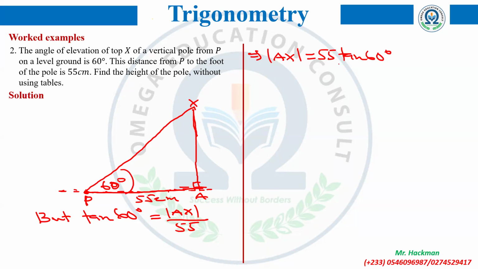So now we are going to get your AX to be equal to here. I'm writing equal to here instead of writing this again. Because 60 degrees is a special angle, if you use your calculator, nobody will know. 30, 60, 45, 90, 180, 270, 360, nobody will know. These are special angles.